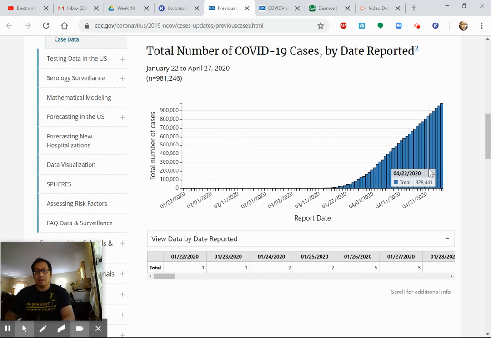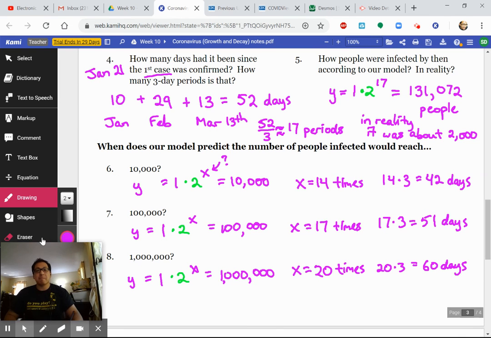It looks like it didn't reach 1,000,000 until the end of April. So this was 52 days in the middle of March. You have to add another 30, 40. So really it took maybe 90 days to reach that level, right?